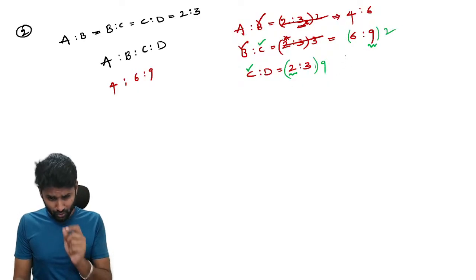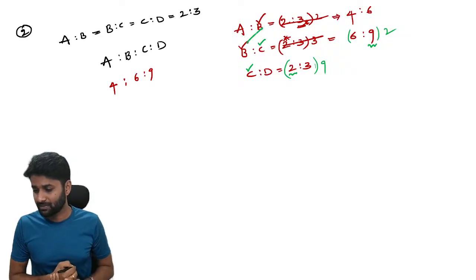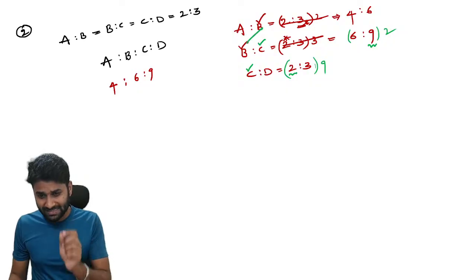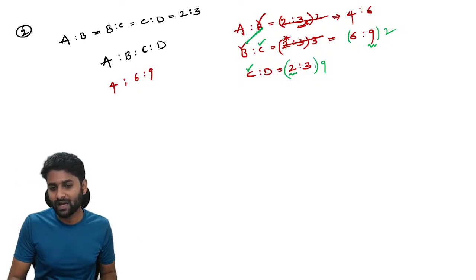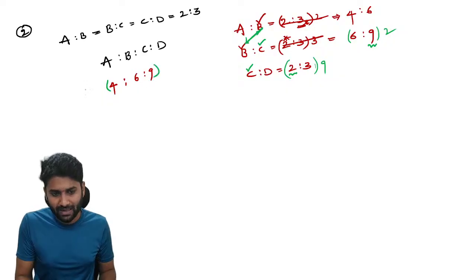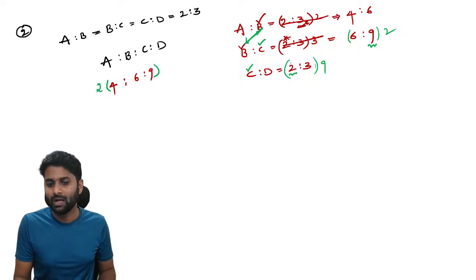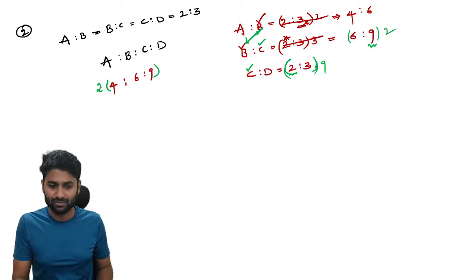But if you go through the same process, again you are changing the B value. If you multiply only 6 is to 9 with 2, then B's value again changes. That's why my suggestion in this calculation is that you should multiply entire ABC with 2 and multiply 2 is to 3 with 9. So remember that.